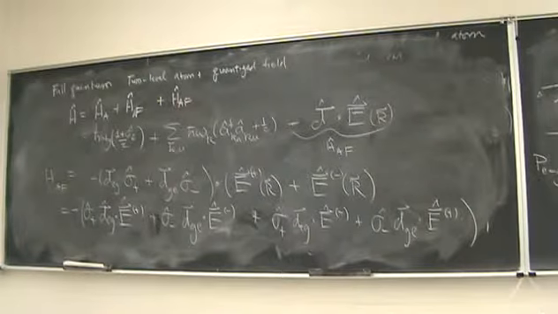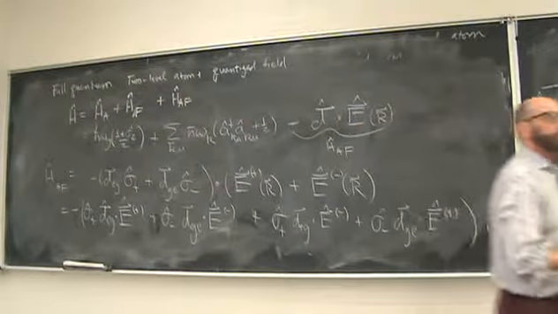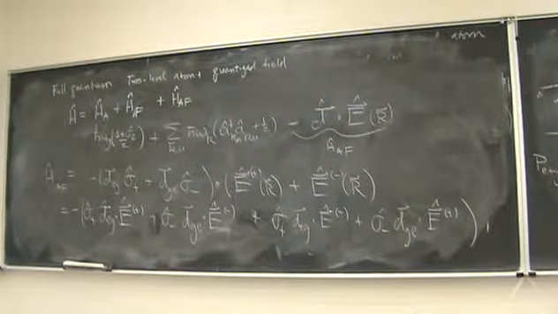Now what are E plus and E minus? Those are the positive and negative frequency components of the quantized field, which we wrote in a normal mode decomposition. Okay?